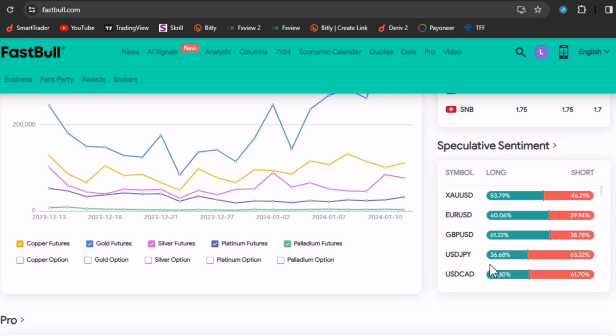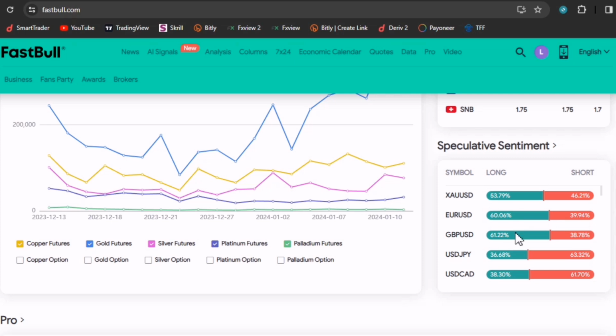For example, right here, see that on EURUSD, there is 60% on the green part and 39% on the red part. The fact that on one side you have 60% means that pair is trending. There's a very high chance that you find a good sell entry or a good buy entry.